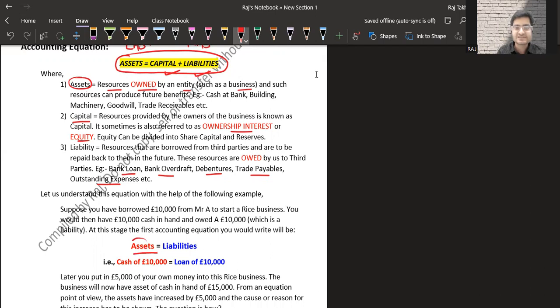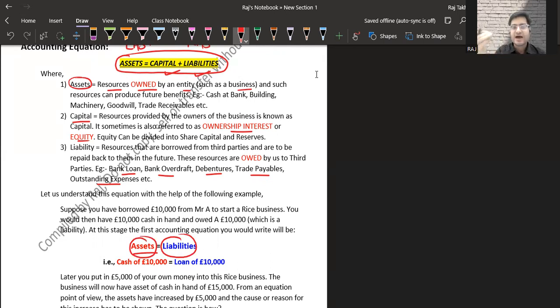So assets are always equal to liabilities. You'll always find that in a balance sheet, total assets are equal to the total liabilities. So we will start the basics of our accounting equation with this very own equation which says assets are equal to liabilities.